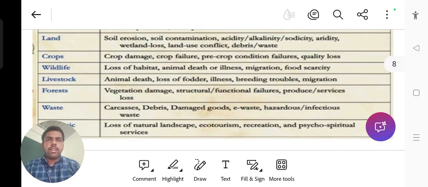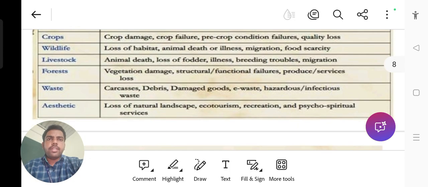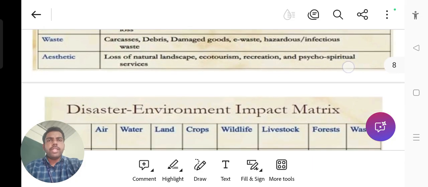In forests there is vegetation damage, structural failures and product loss. Waste means carcasses, debris, damaged goods, e-waste and hazardous waste. These all come under waste disposal.